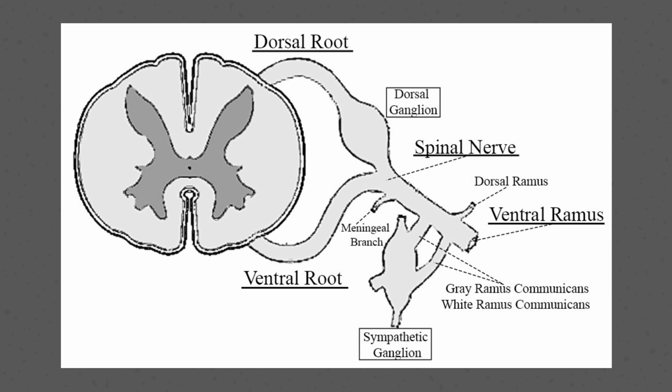Essentially, fibres from descending tracts exit the spinal cord ventrally, so at the bottom of this diagram, through a ventral root, and fibres which are ascending enter the spinal cord through the dorsal root, which you can see at the top of the diagram. This dorsal root and ventral root combine to form a spinal nerve, and the spinal nerves are mixed, so they contain afferent and efferent fibres.